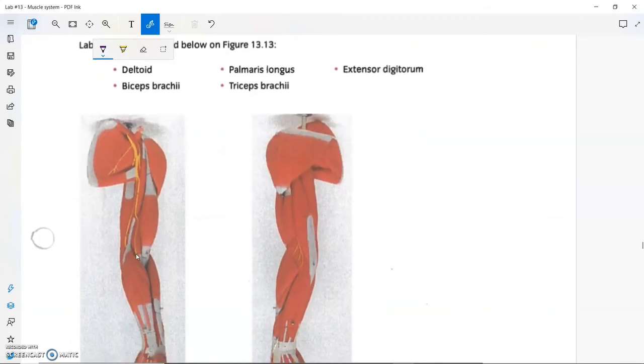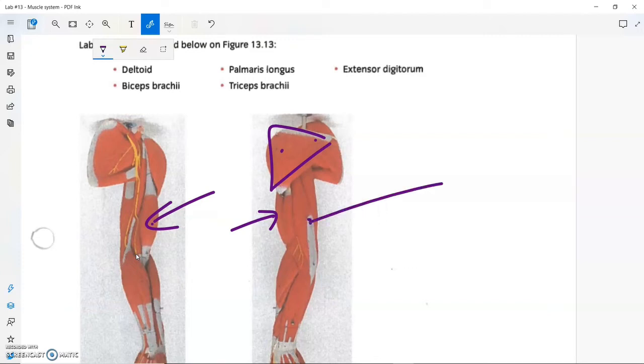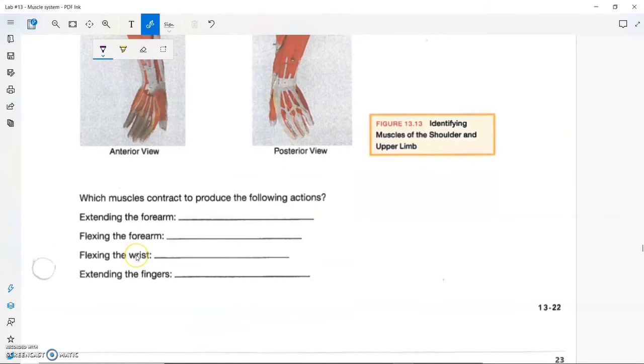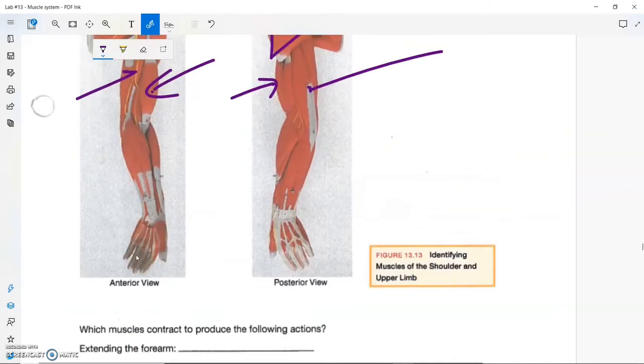Now shoulder, arm, and forearm. So deltoid, quite an obvious muscle of a shoulder. Biceps brachii is right here or right here. Triceps brachii is this muscle. Now palmaris longus will be this muscle right here in the center.